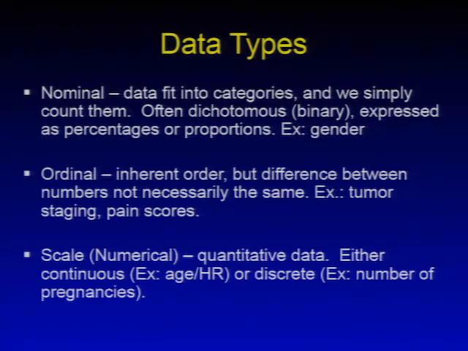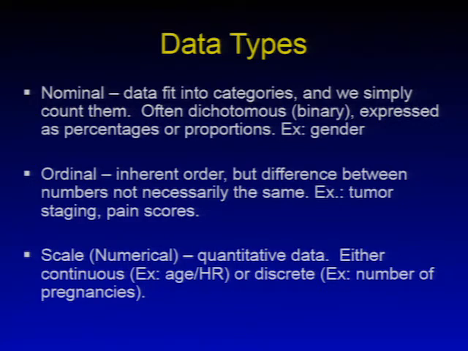The movement from a pain score of 2 to a pain score of 3 may not be the same as a change from an 8 to a 9 for a patient. Another good example for ordinal data would be a Mallampati score. The change from a 1 to a 2 certainly isn't going to concern too many anesthesiologists, but the movement from a 3 to a 4 very well might. So there's a good example of where there is an order to it, but the difference isn't necessarily the same.